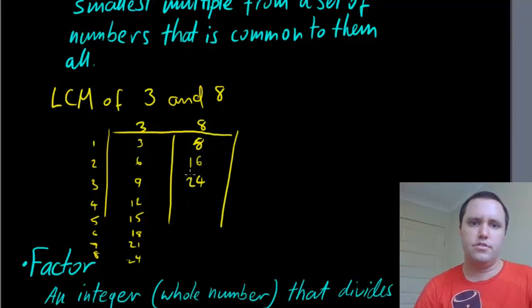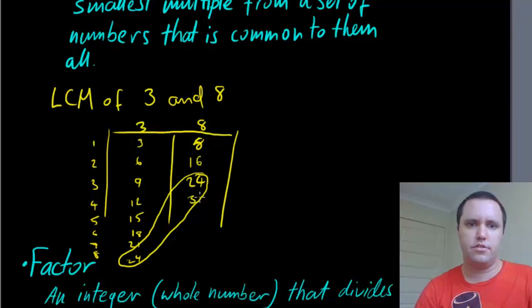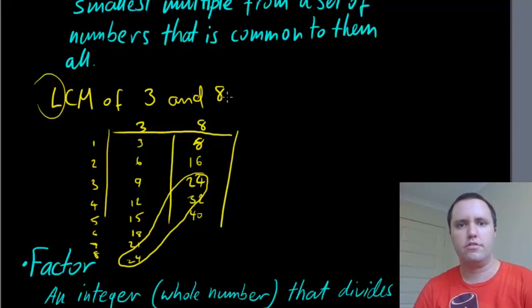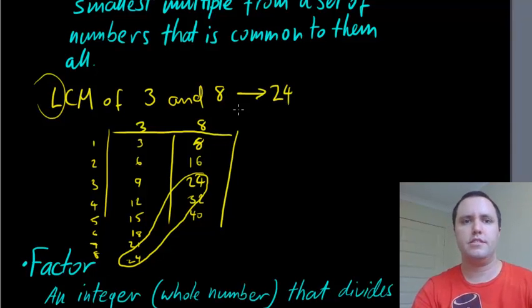So as soon as you hit somewhere having the same number, you could keep listing these on, like 24, 4 8's 32, 40, etc. And you'd find other multiples maybe, but we're only looking for the lowest, okay? So as soon as you run across the numbers that are the same, bang, you're done. So the lowest common multiple of 3 and 8 is 24. Okay, so that's how you do lowest common multiples.